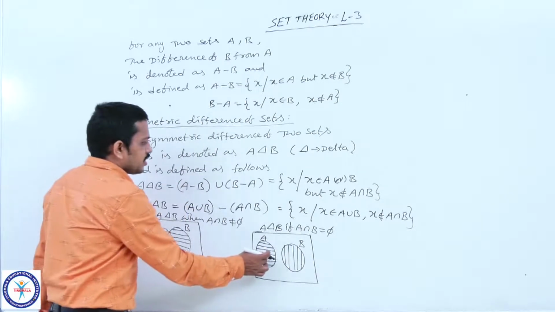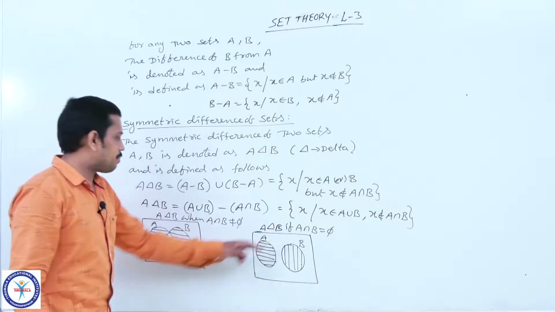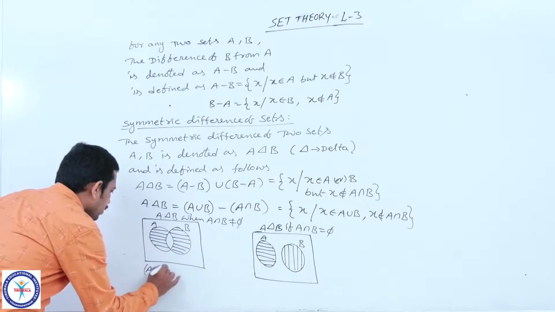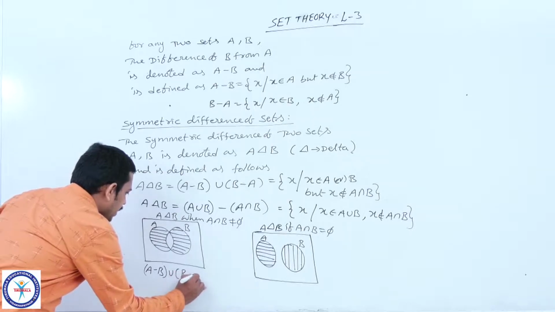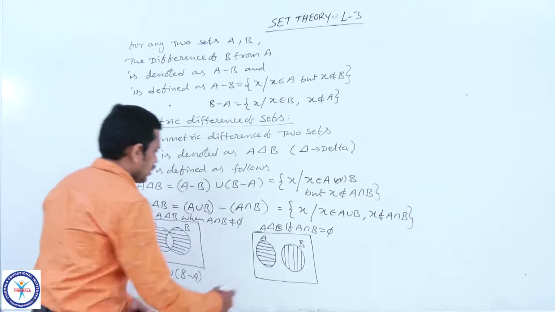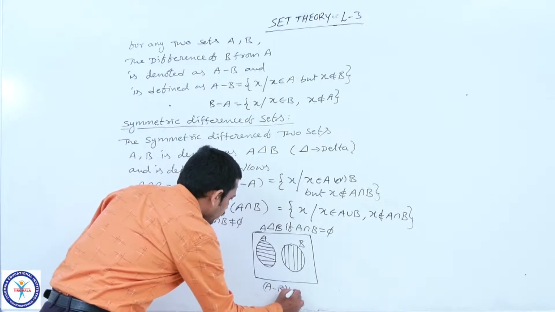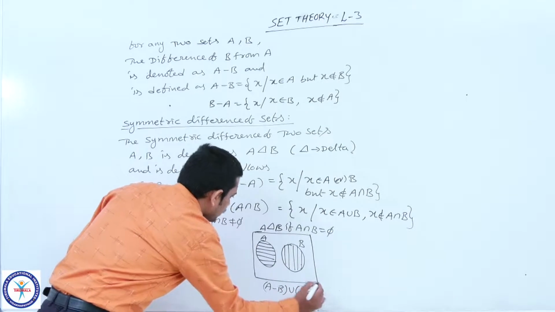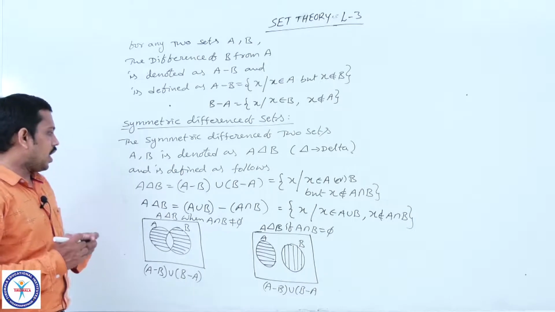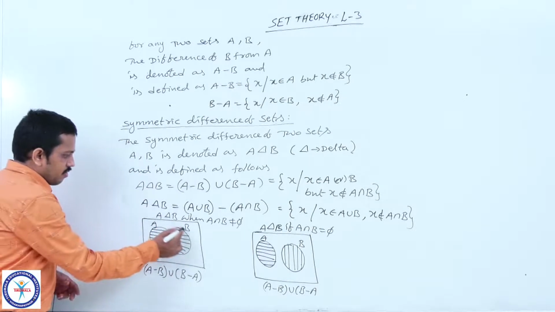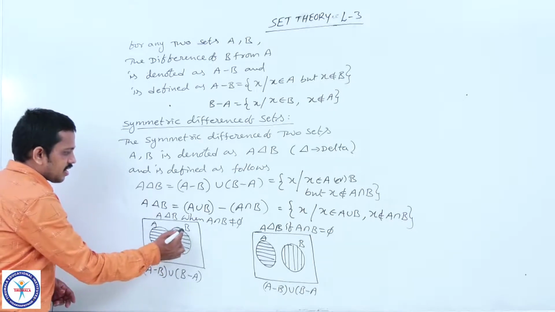So therefore this represents A delta B. This is the case when A minus B union B minus A, or A union B complement. Here, what is this shaded region?